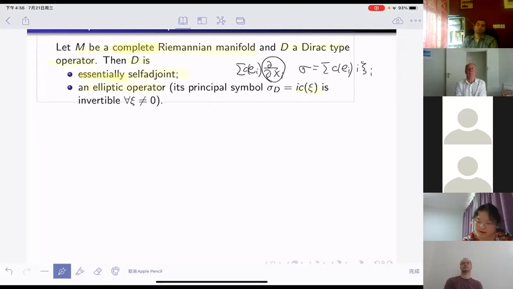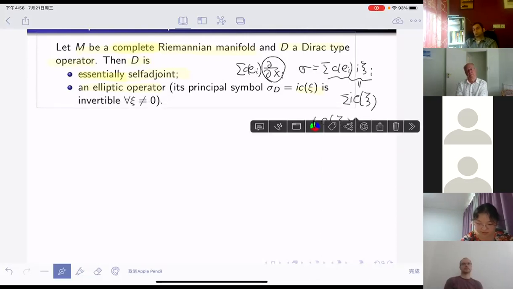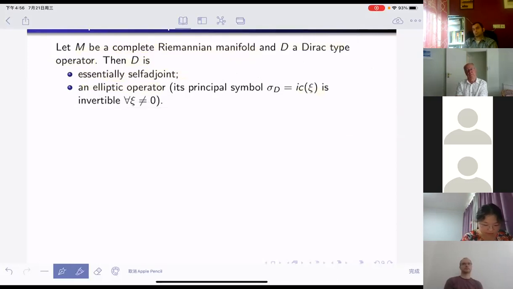And one can use the fact that c is linear to say that this is just i c(ξ). One can check that this is invertible because c(ξ) squared is minus the norm of ξ squared. So when ξ is non-zero, this is invertible.